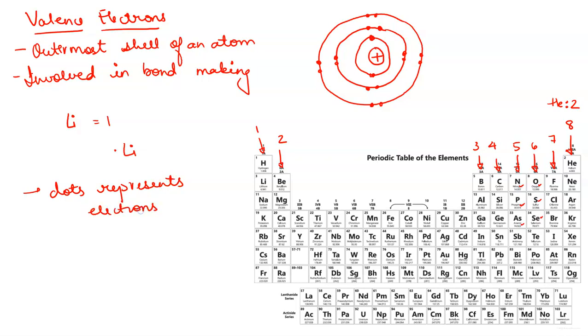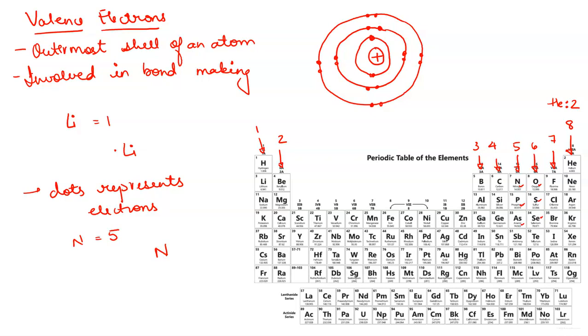Now, if I was to ask you how many valence electrons a single nitrogen atom has, you would look at the chart and see that there are 5 valence electrons in nitrogen. How would you draw the distribution of these 5 electrons around nitrogen? You would write the symbol for nitrogen.